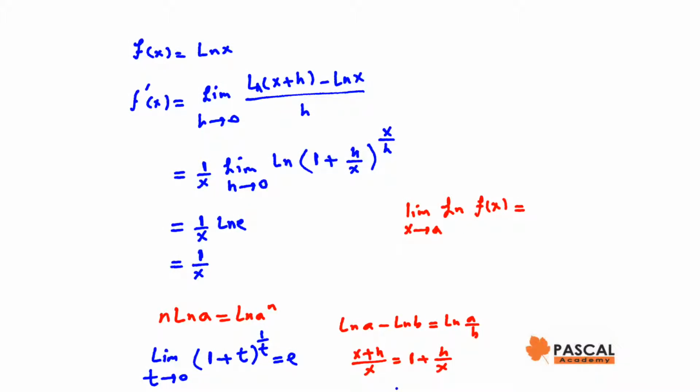One of the properties of the limits that we use: ln of the limit of f(x) as x approaches a. The limit of (1 + h/x)^(x/h) as h approaches 0 is e. The limit of (1 + t)^(1/t) as t approaches 0 is e. Therefore, the derivative is (1/x) ln e, which is 1/x.